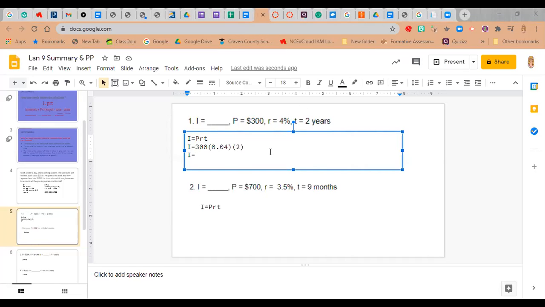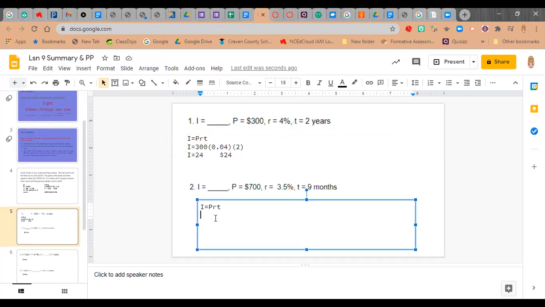All right, so I equals 24. Now, what does that 24 mean? 24 what? Interest. $24, because interest is always money, okay? So the answer would be $24. Questions you have on that one?